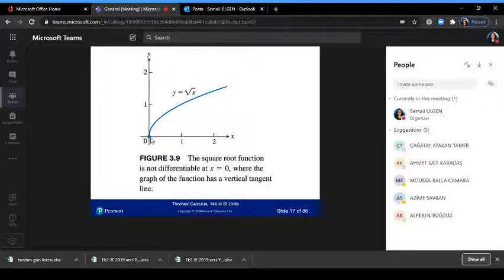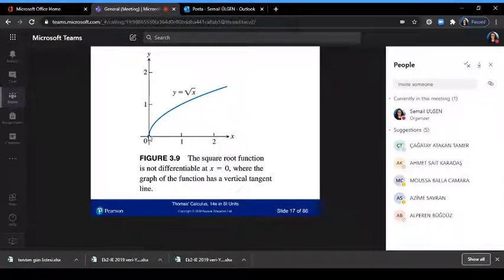Here we have to look at the one-sided limit definition of the derivative, which is limit as h goes to 0 from the right of f(0 + h) minus f(0) over h. f(0 + h) is square root of h, minus f(0) which is 0, so square root of h over h. That is the same as 1 over square root of h.